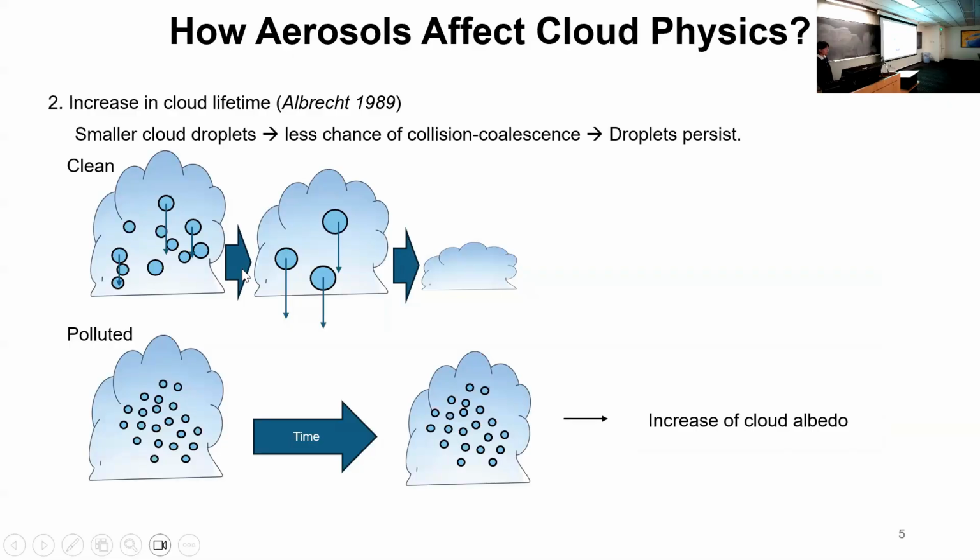On the other hand, in a polluted environment, the smaller cloud droplets have less chance of collision coalescence. Cloud droplets persist in the atmosphere, resulting in a longer cloud lifetime, which also results in an increase of cloud albedo.